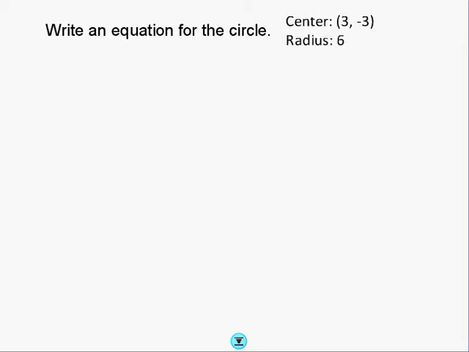Let's do some examples. It says write an equation for the circle. I can go ahead and write this without even looking at what information they give me. Every time they say write an equation for a circle, I can write that much right there without even thinking. Well, the center is always (h, k) and the radius is r.